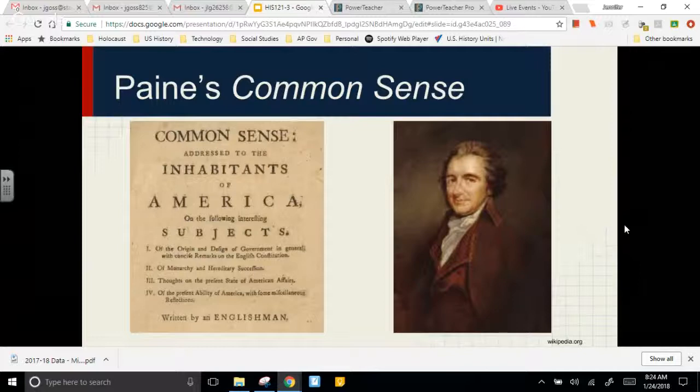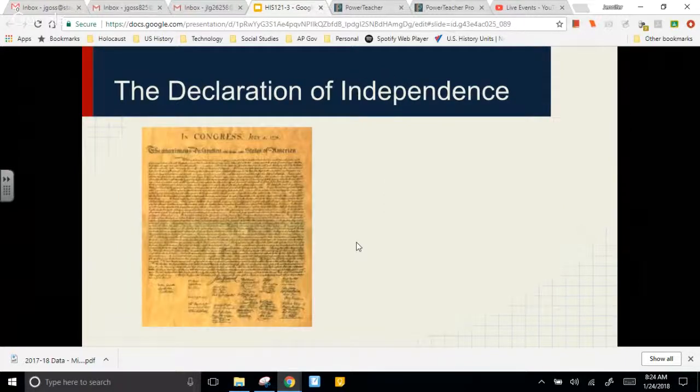Because it was published in pamphlet form and it was a short read, it spread very quickly throughout the colonies and inspired even those who were wavering after the failures in Canada to continue fighting for the cause, and set us on the path to the Declaration of Independence the following summer.